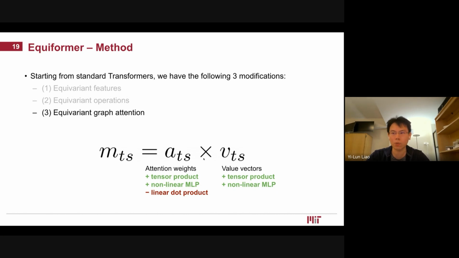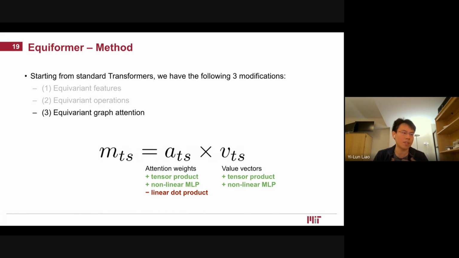And the third modification we have is equivariant graph attention, where in attention, the message sent from source node S to target node T can be expressed as the product of attention weights A sub TS and value vector V sub TS. Attention weights are in the form of scalars, and value vectors are in the form of equivariant features.